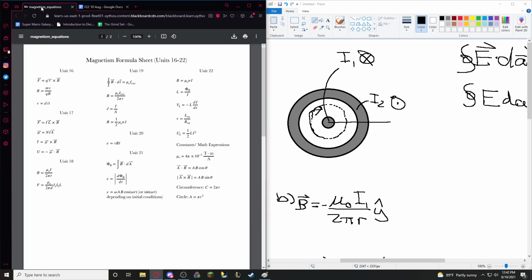The only other thing I see, which I don't think we need because he didn't go over it, was J equals I over A. So he hasn't gone over J yet, right? I think he goes over that tomorrow.